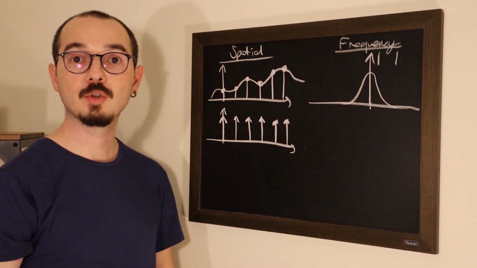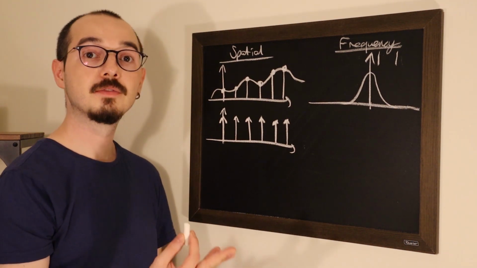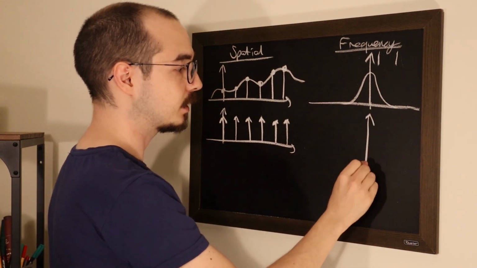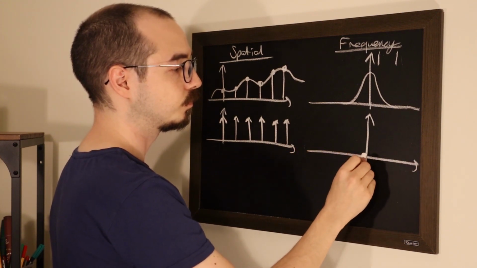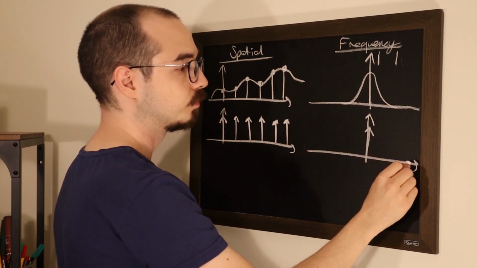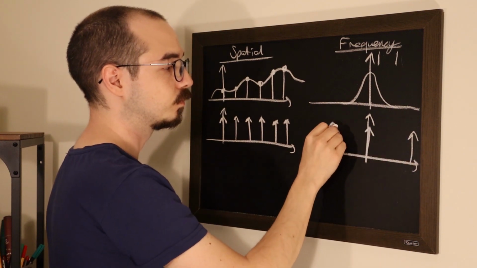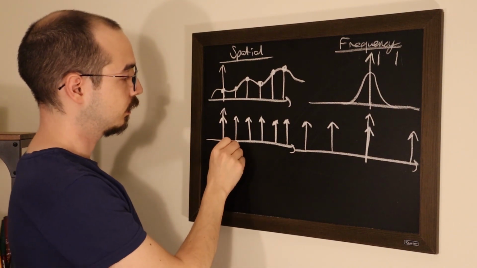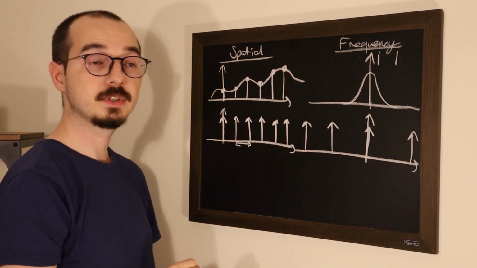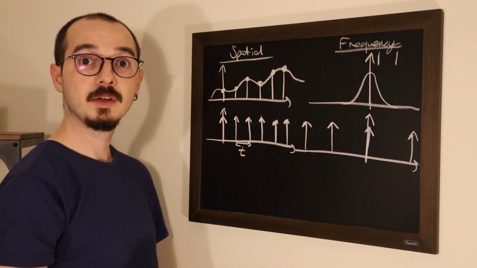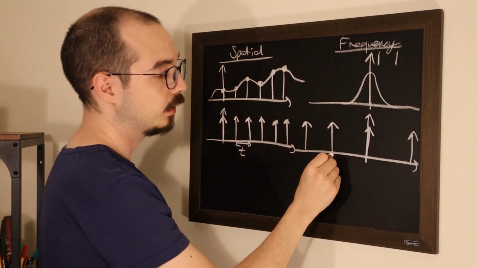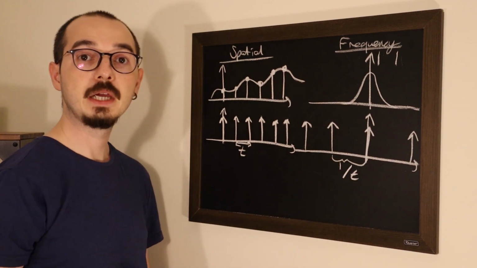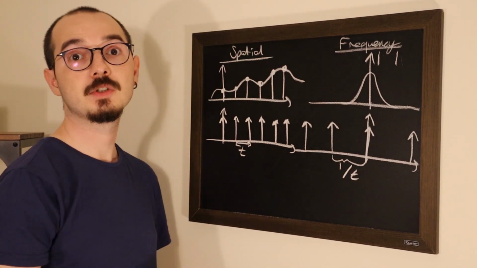And the frequency domain representation, or the Fourier transform, of this impulse train also looks like an impulse train. And the period of this impulse train will become the frequency difference between these impulses that appear in the frequency domain.